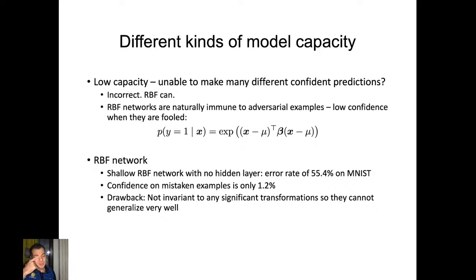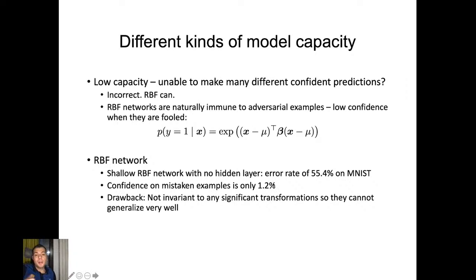The error rate on clean training data is quite high, but if you try to generate adversarial examples, it has low confidence. For the mistaken examples, the confidence is only 1%.